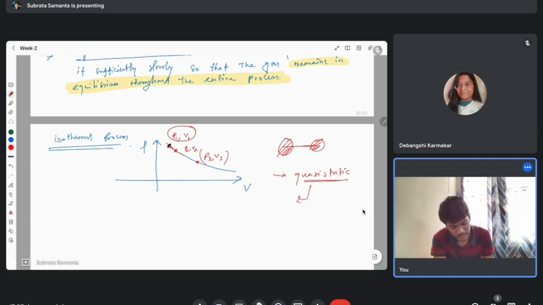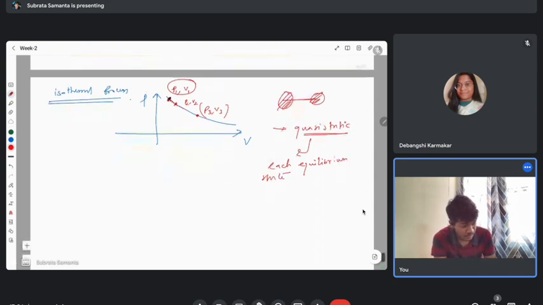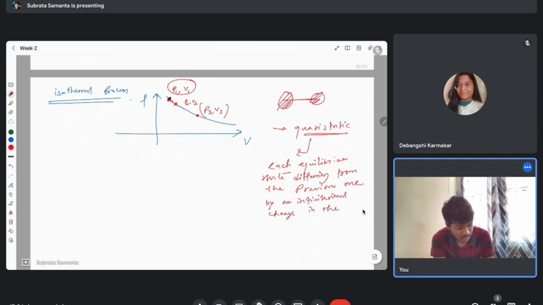So quasi-static means that each equilibrium state differs from the previous one by an infinitesimal change in the system parameters. What are the system parameters?